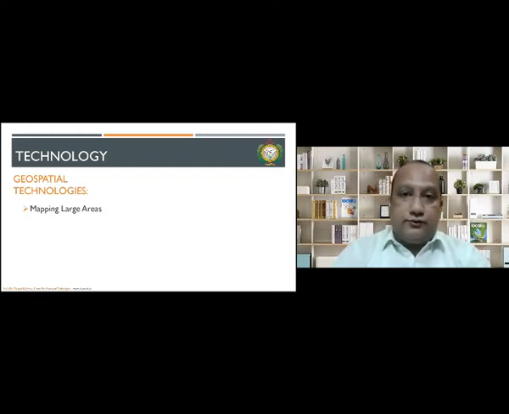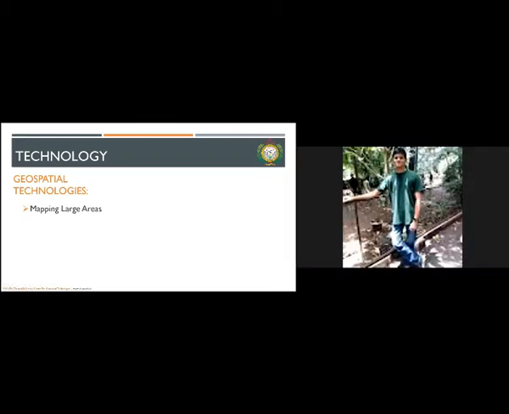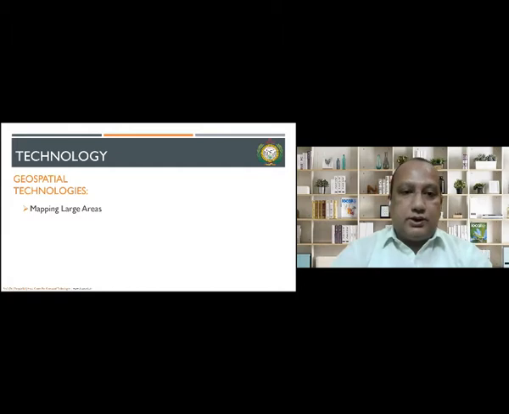I think most of you by now have been using Google Earth. You can see various features and get information about various locations and objects just by sitting in your office on your computer screen, or even through your mobile. That's a very useful example of using geospatial technologies for mapping large areas.